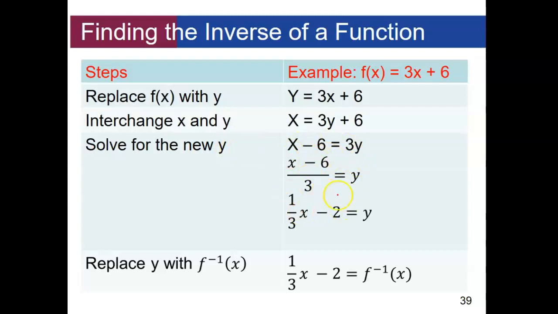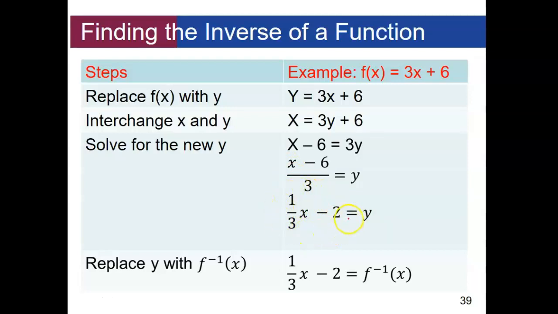This is where the problems may vary a little bit because depending on what you're working with, it may be more or less complicated. So this one, if we're solving it for y, we're going to move the 6 over, and then we're going to divide by 3. And this is actually another line, so if we were to break this up, we would have 1 over 3x minus 2.